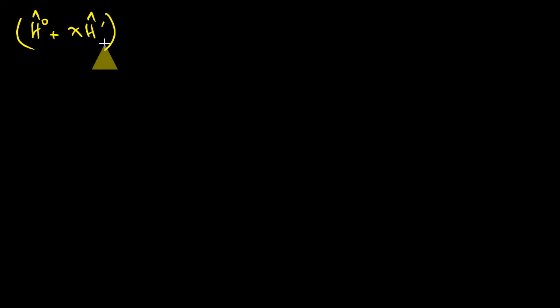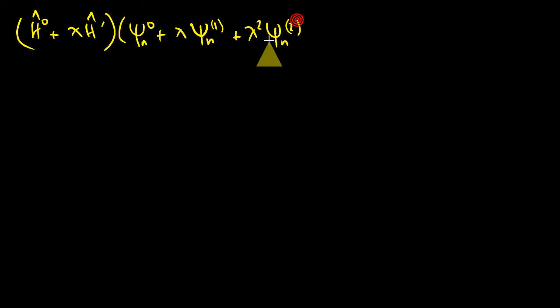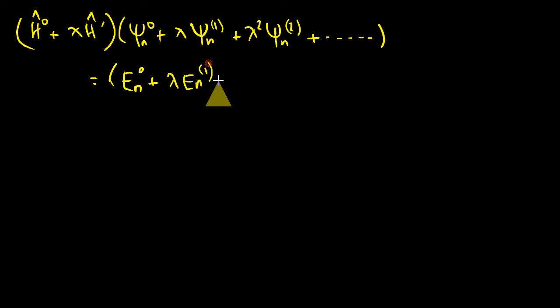Now we give the expression for psi n, that is psi n0 plus lambda psi n1 plus lambda square psi n2 plus etc., is equal to En psi n, where the expression for En is En0 plus lambda En1 plus lambda square En2 plus etc., into psi n.